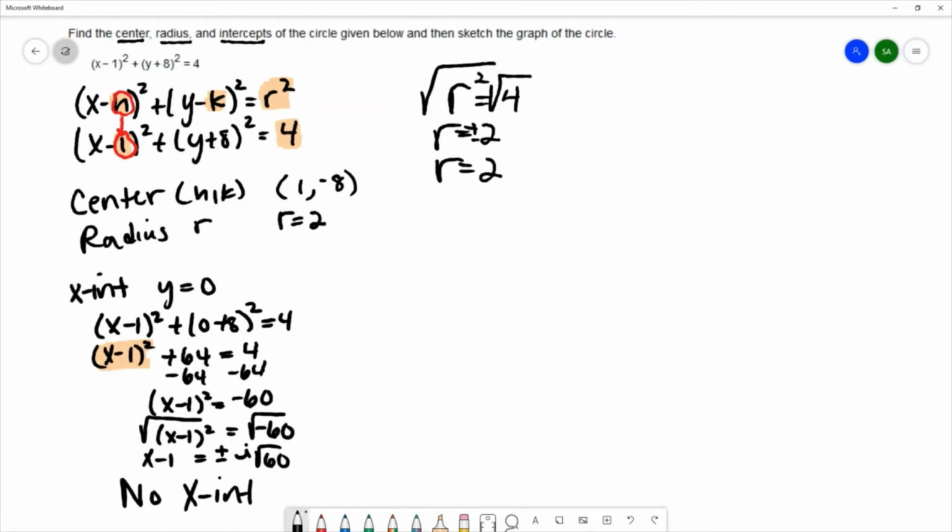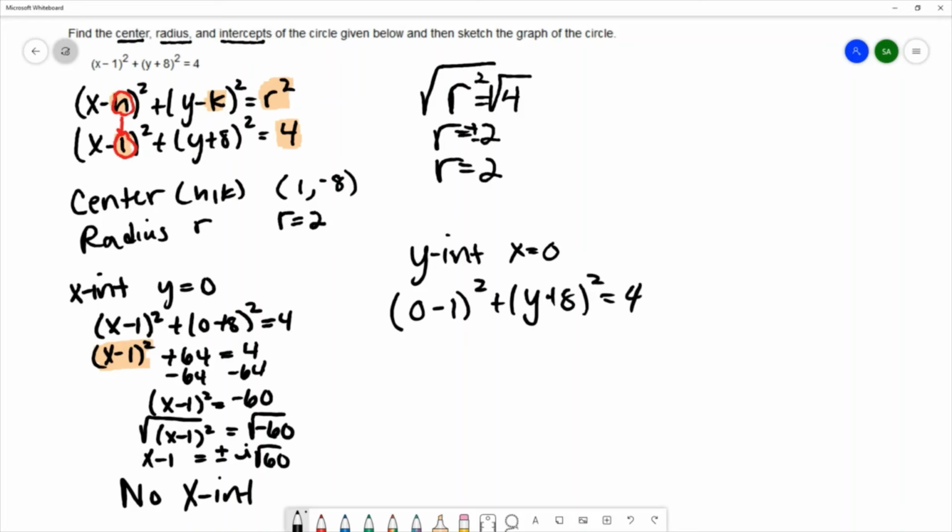So let's move on to finding the y-intercepts. To find a y-intercept, you let x equal 0. I'll substitute 0 in for x in the equation of the circle. That's (0 minus 1) squared plus (y plus 8) squared equals 4. 0 minus 1 is negative 1.